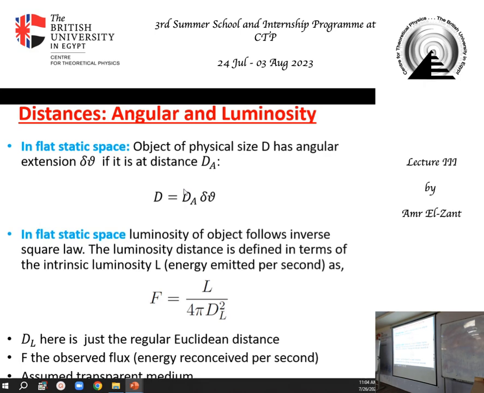So very simple. So a 1 watt lamp at 1 meter will look like 1 watt at 10 meters. And this is just regular Euclidean distances and so on, and nothing really tricky about it.